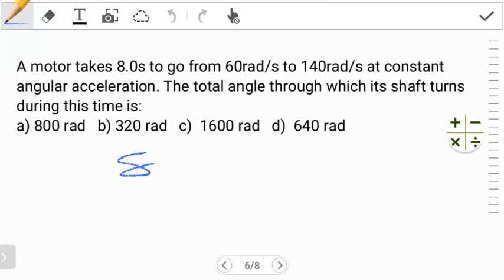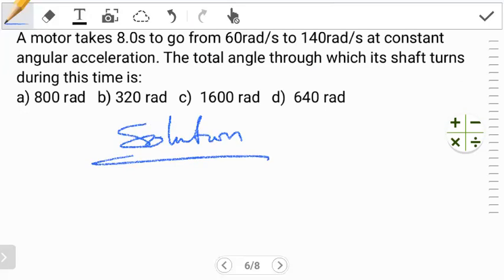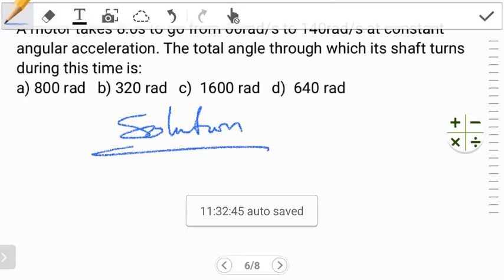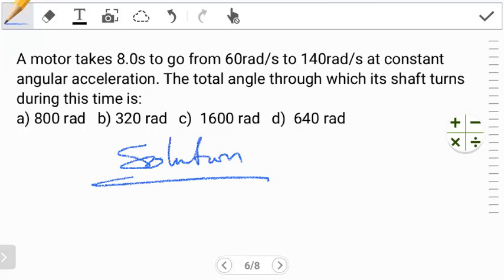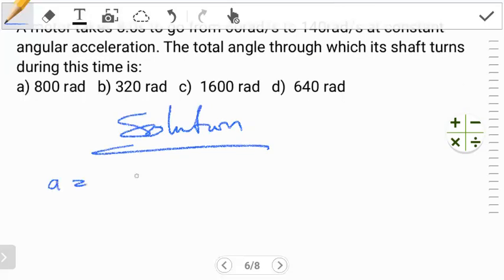In this case, we start with the basic definition of acceleration. Dealing with angular symbols, it is omega final minus omega initial over t.